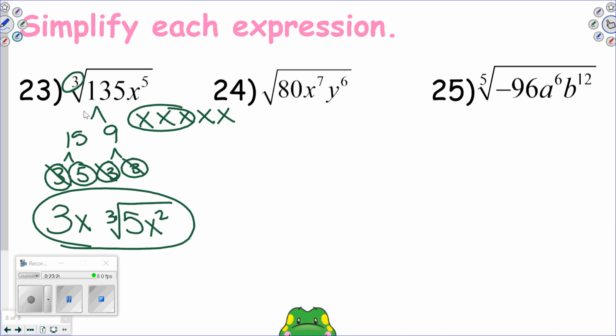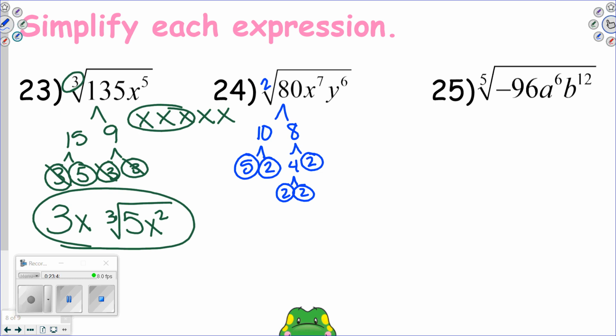All right, 24, square root of 80. That's not perfect. All right, so what's factor tree? Good. Now, on number 24, what's the index? Because there isn't one. It's a 2.